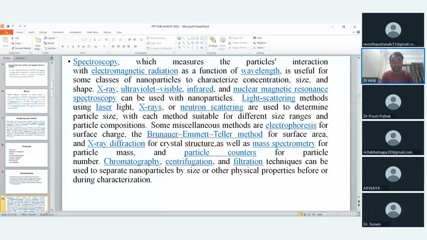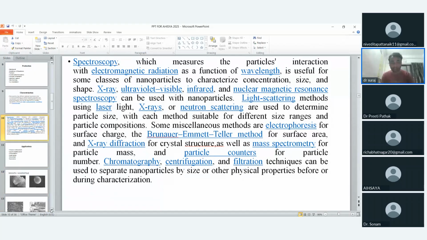These are the various devices which are useful for us, and we have to focus on that part, because ultimately, if we prepare a nanoparticle in liquid phase, we should go for SEM or TEM. It depends on the nature of solubility, the nature of the solvent, and the nature of the nanoparticle.